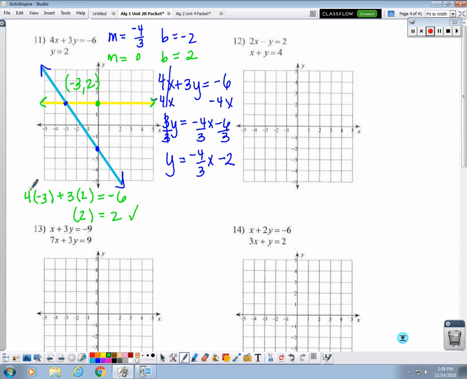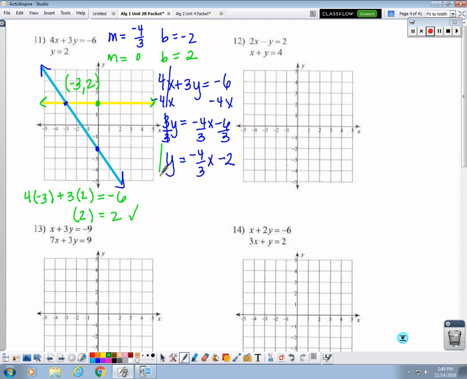Now let's check the top. Type in 4 times -3 plus 3 times 2 and see if the calculator says it equals -6. Okay. No, you check it the same.